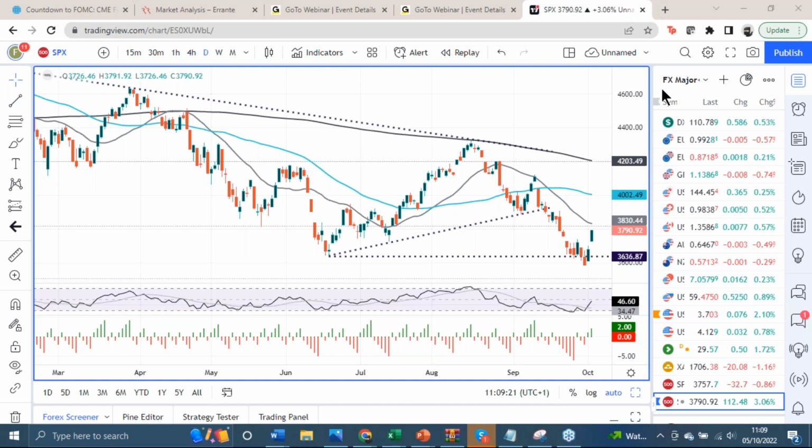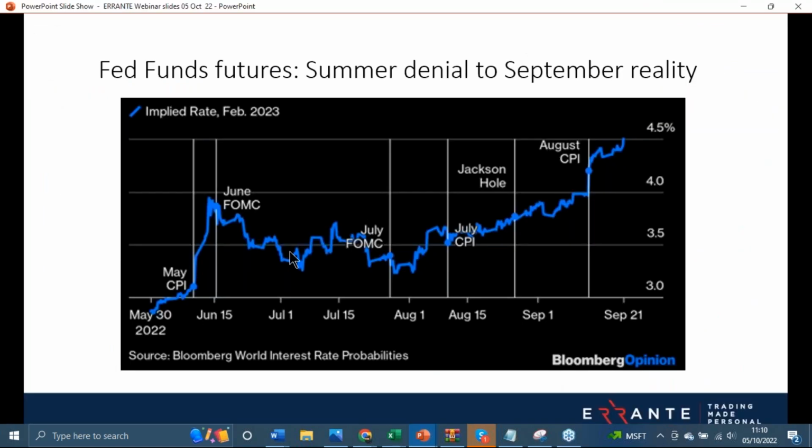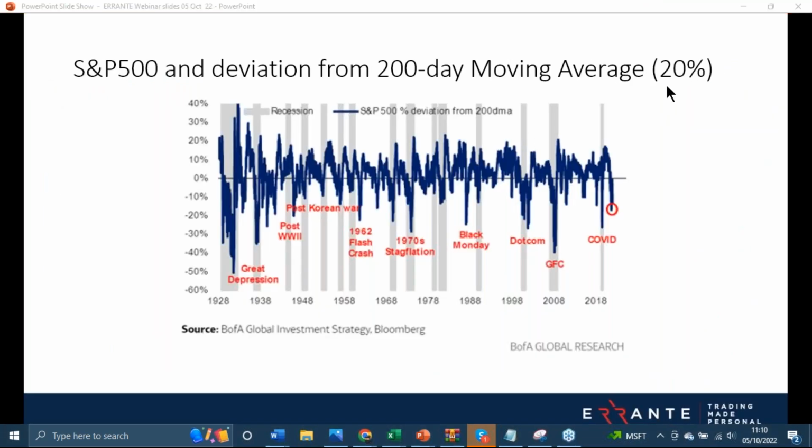Just before we switch to the technicals, some of these market internals have been quite interesting up until the end of last week. Here we've got the S&P and its deviation from the 200-day moving average, and you can see we're down about 20%, 20% away from that widely watched moving average.